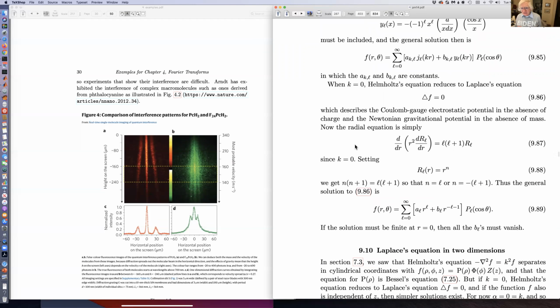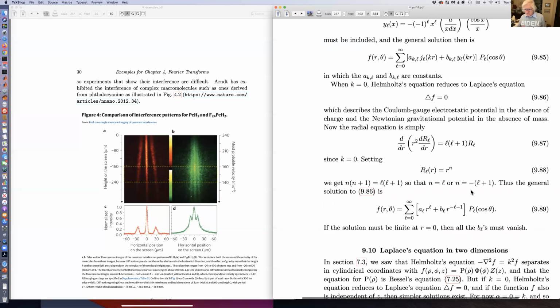And then the radial equation is simpler, and we just set r_l equal to r to the n, and substitute in this equation, we see that n(n+1) has to be l(l+1). And there are two solutions there. Obviously, n equals l is a solution, but also n equals minus (l+1) is a solution. So the general solution looks like this.